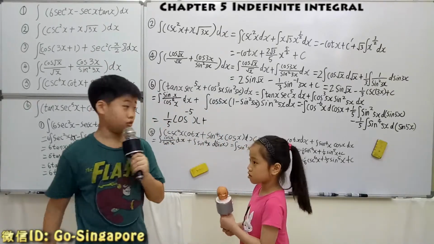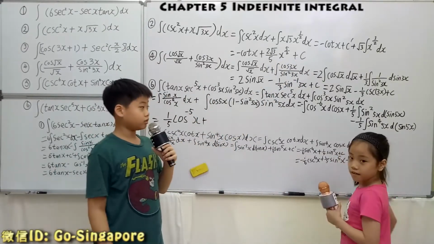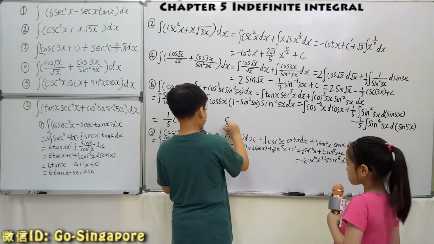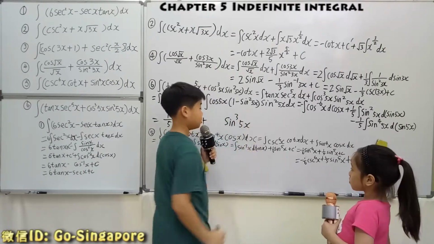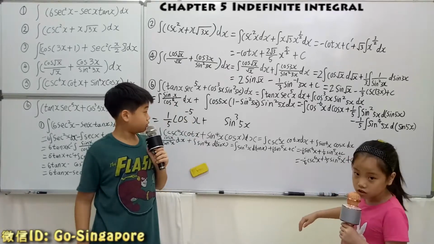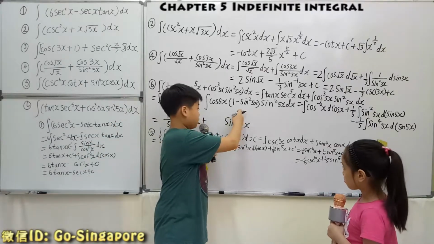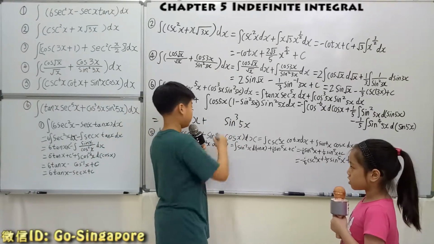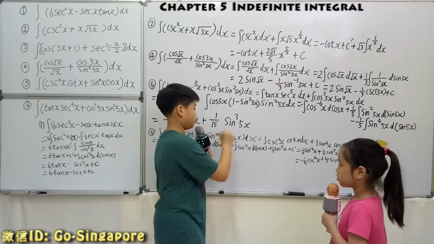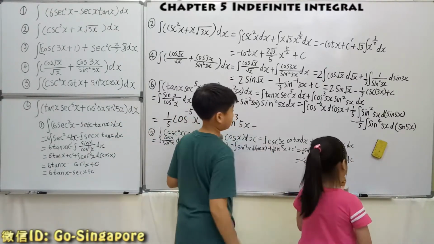the 1 over 5, this thing, what would you have? So here, first is the sine to the power of 3, 5x, right? Okay. Then this 3, later will come down, right? So 1 over 3, right? Yes. 1 over 15, because there's an extra 1 over 5.